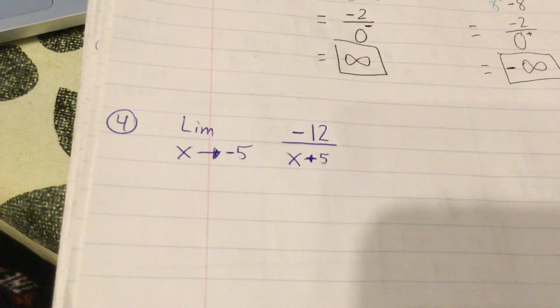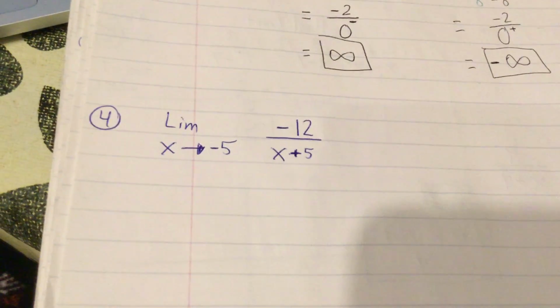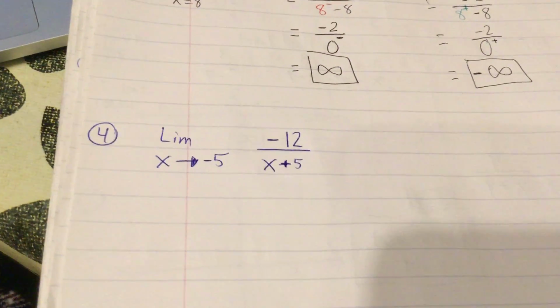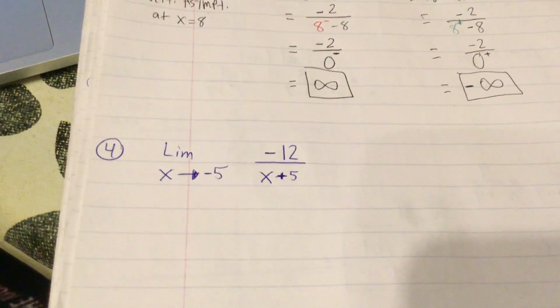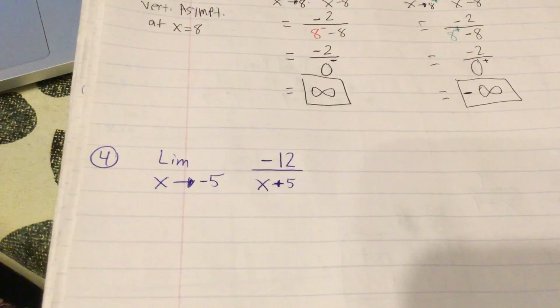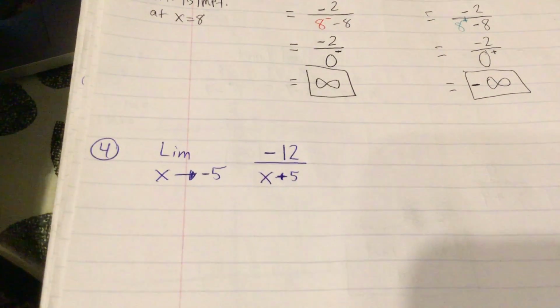Let's do number 4. The limit as x approaches -5 of -12 over x plus 5. Let me just type that up really quick. See if you can do this problem independently.